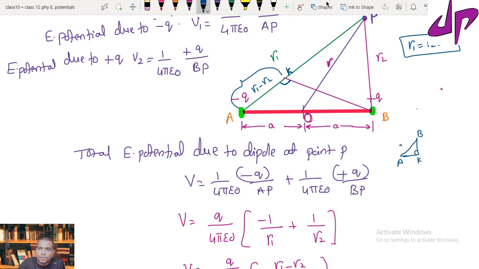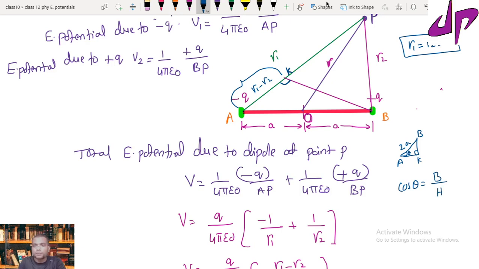AB is nothing but the dipole length 2a, and we need to figure out the value of AK. Cos theta equals base by hypotenuse.